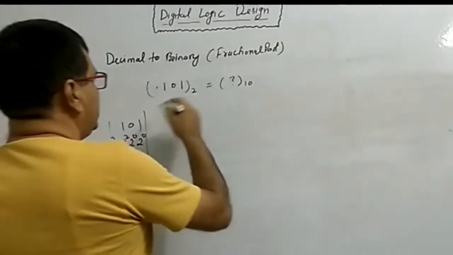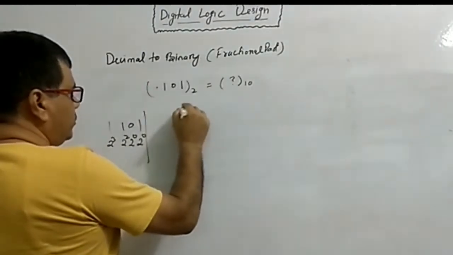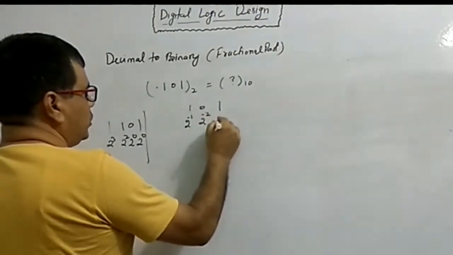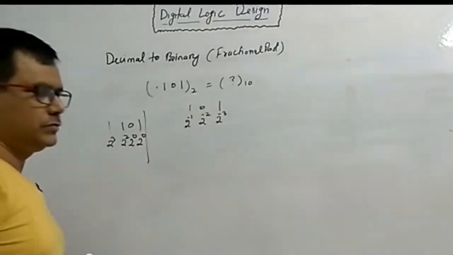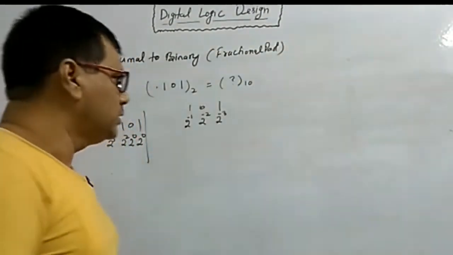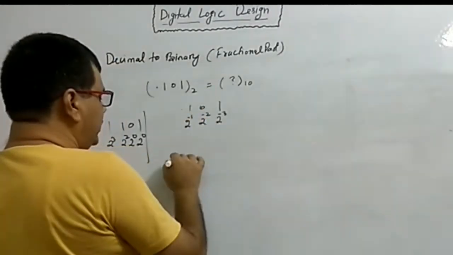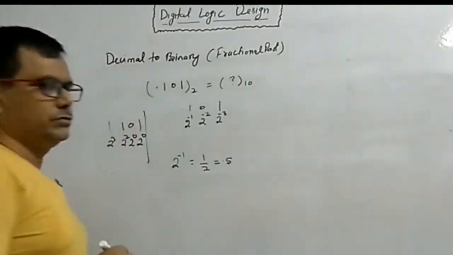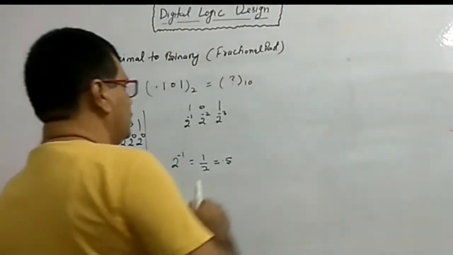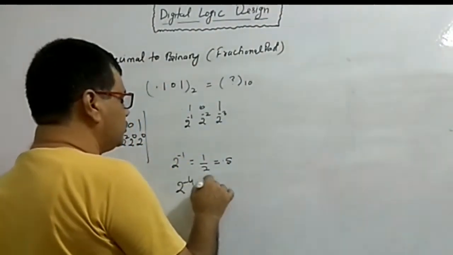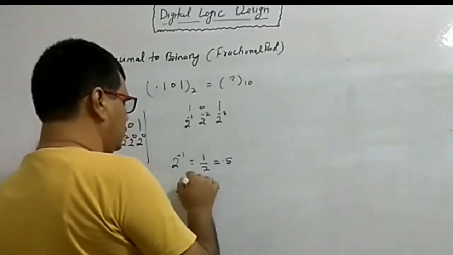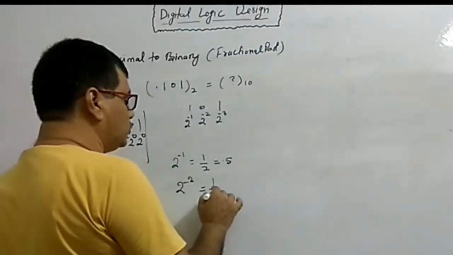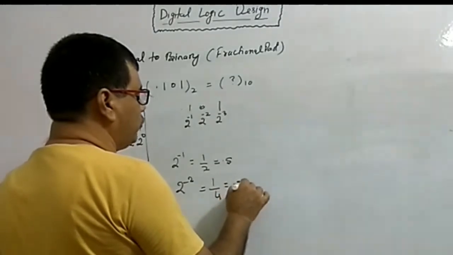But here you will start with 2 to the power minus 1, 2 to the power minus 2, 2 to the power minus 3. 2 to the power minus 1 means 1 upon 2, which is equal to 0.5. 2 to the power minus 2 is 1 upon 2 squared, which means 1 upon 4, which is 0.25.